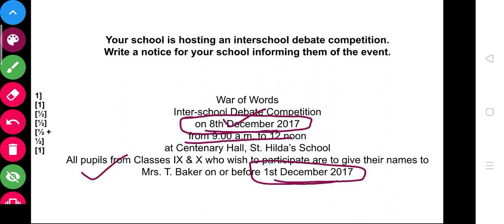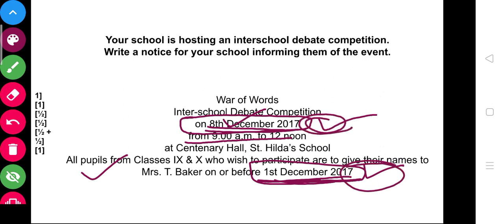The notice has been given earlier, on the 1st of December 2017, and students can have the competition on that particular date. So the competition date will come later, and the notice date would be earlier. The date of giving the notice is written over here, and the date of having the competition is written before. That is to be kept in mind.